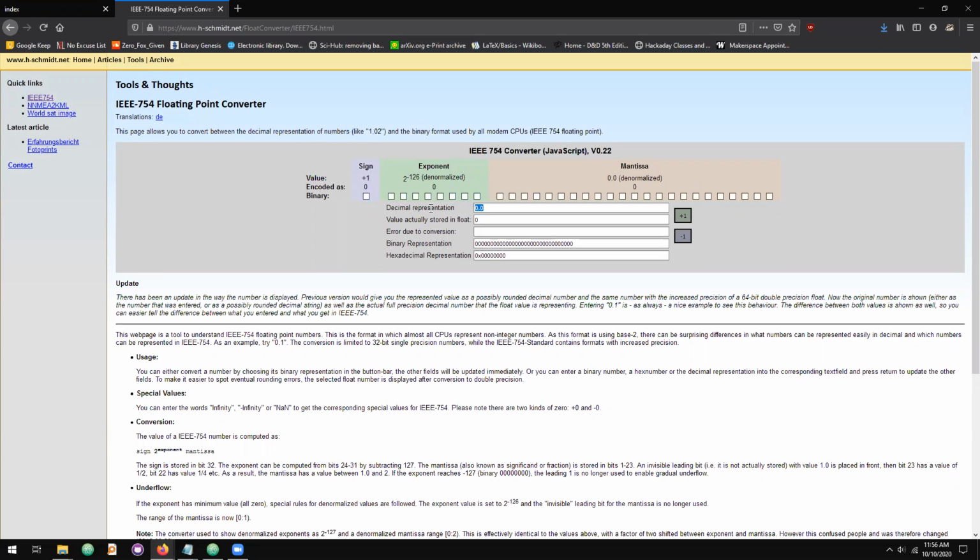So if we wanted to represent 2.5, the faculties that we have for working with these numbers generally will do that conversion for us, and we won't have to worry about it, luckily.